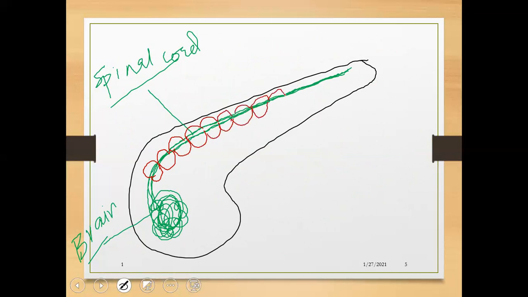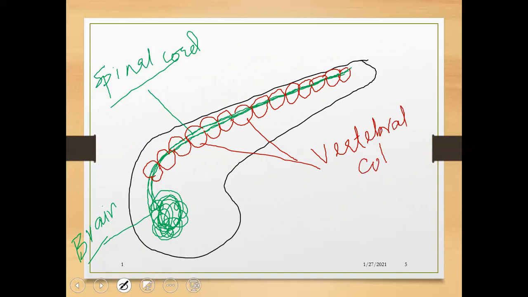We have the example of a ball pen: centrally it has the spinal cord, and the outer casing is the vertebral column, or we can say the backbone. Spinal cord and brain are parts of the CNS. Why do we use the term CNS? Because it is present centrally inside the body.